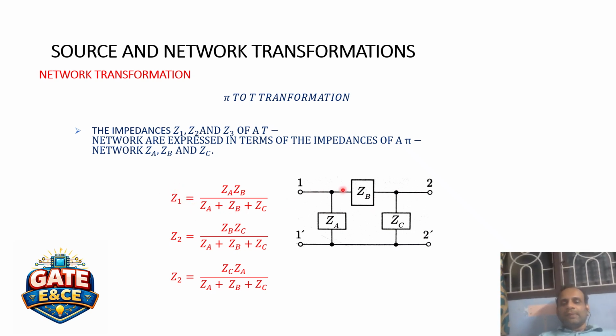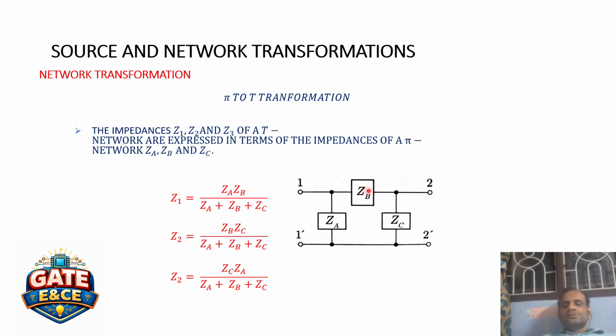So it will come across 1 and ZB. So ZA, ZB. So Z1 will be here. So Z1 is equal to ZA ZB divided by ZA plus ZB plus ZC. So Z1 will be ZA ZB, which is common to 1, divided by ZA plus ZB plus ZC.